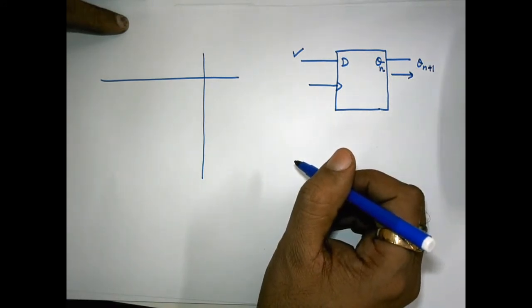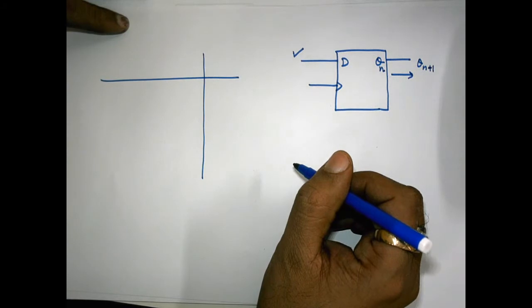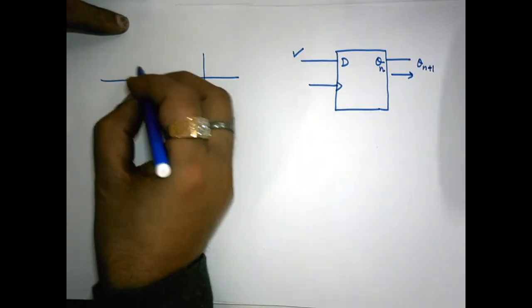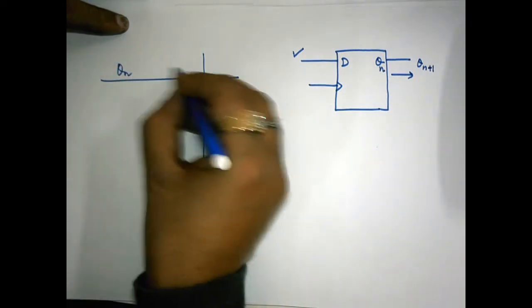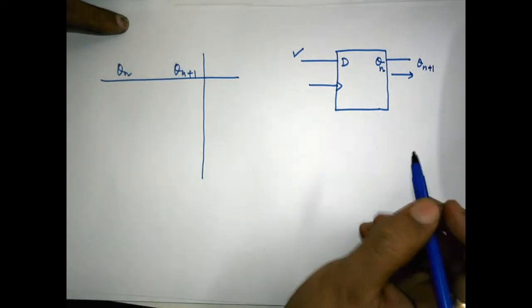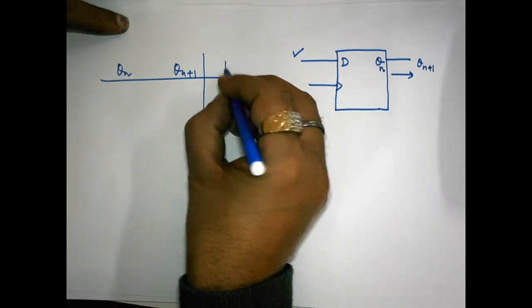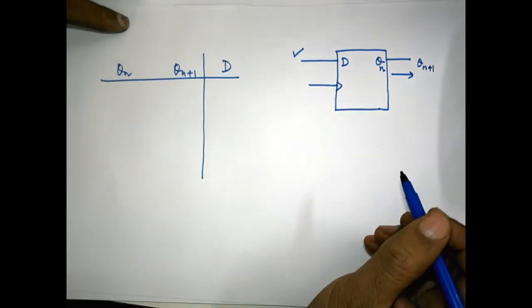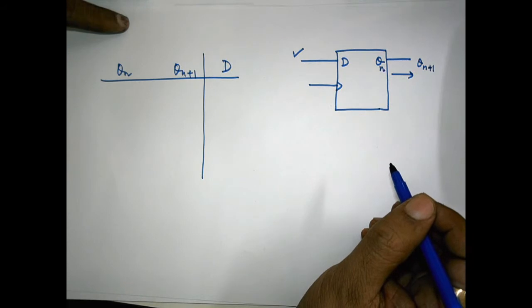This table is used in designing sequential machines or state machines. So we have Qn and Qn plus 1, and then what should be applied to observe this change.